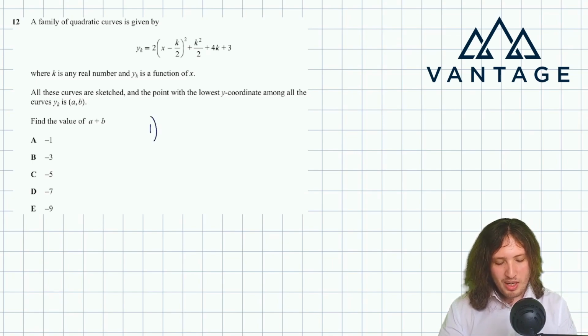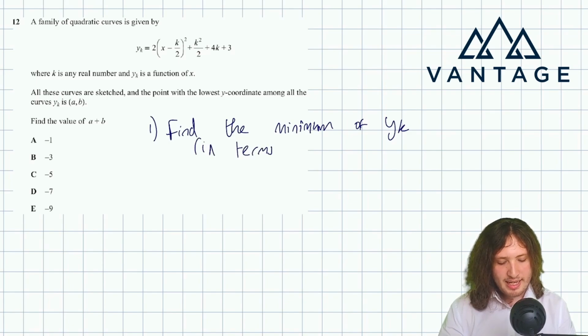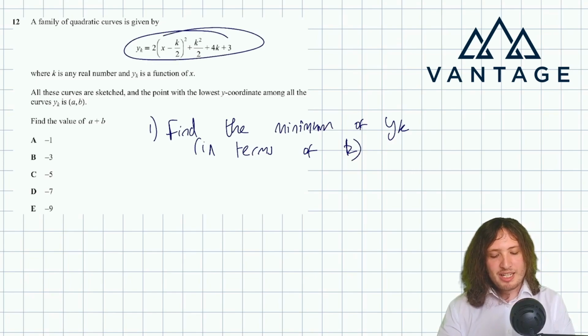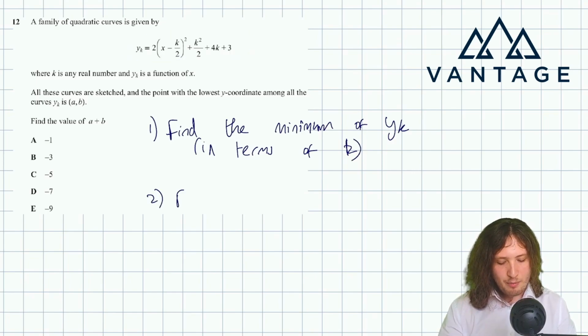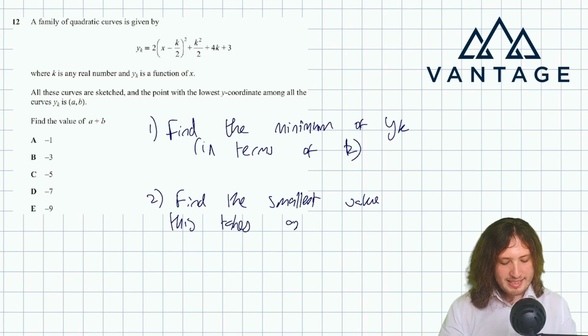So it's like step 1, we can find the minimum of yk, and that's going to be in terms of k because we're not fixing what k is yet. So that gives me the value of the minimum for each individual quadratic, and then we could find the smallest value this takes as k varies.